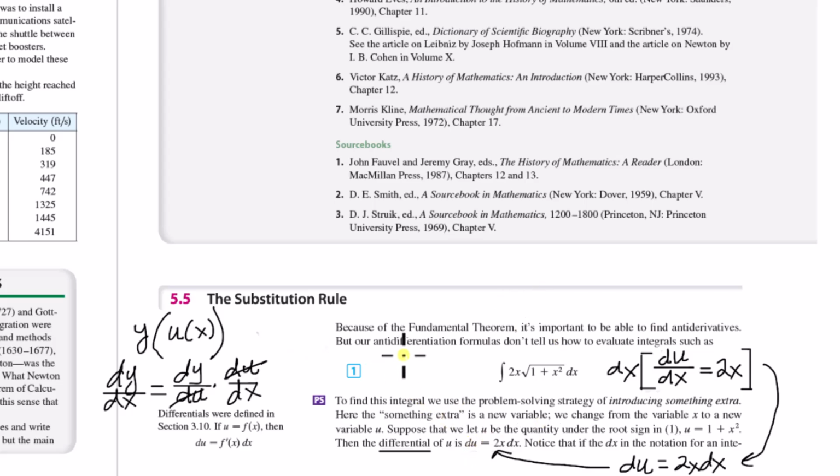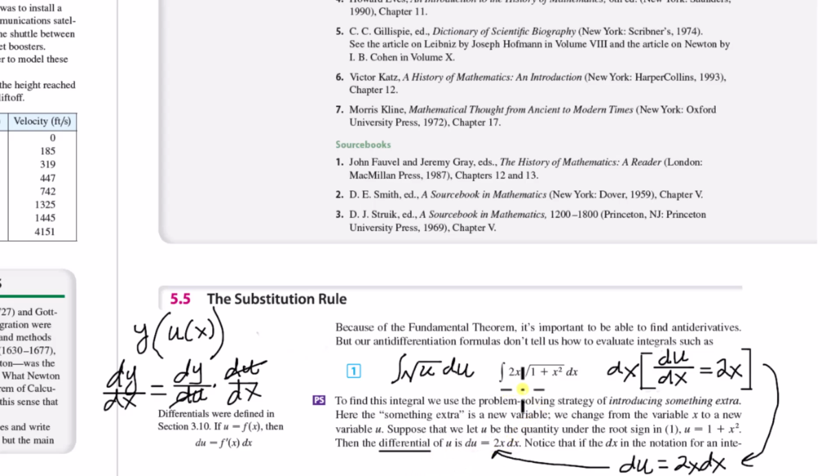And you're left with an integral that's been simplified, and based on what we learned in the previous section, we can solve this. Okay?